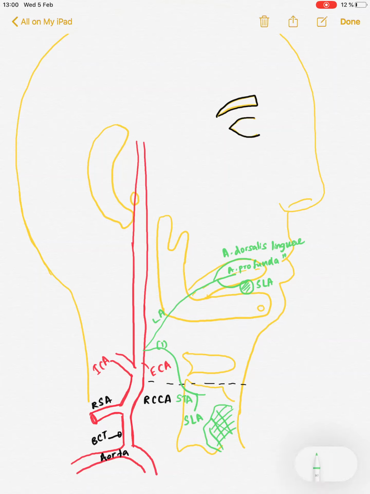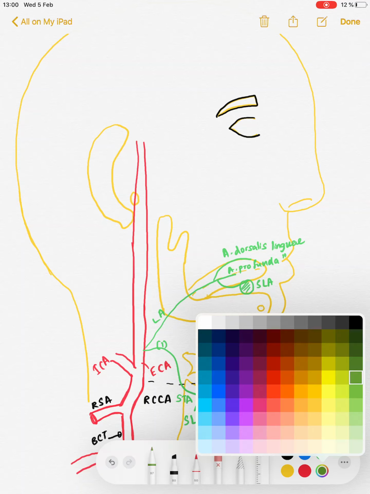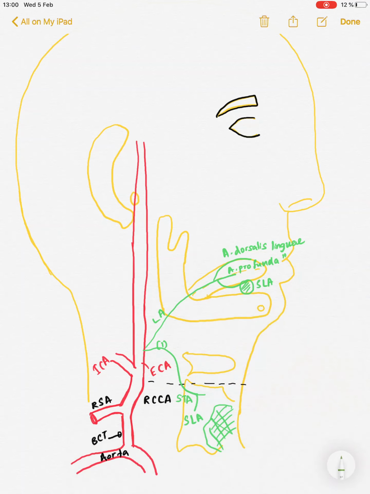And then the final branch of the anterior group will be the facial artery. I will take another green color for that. The facial artery will give the first branch, arteria palatina ascendens, the ascending palatine artery.